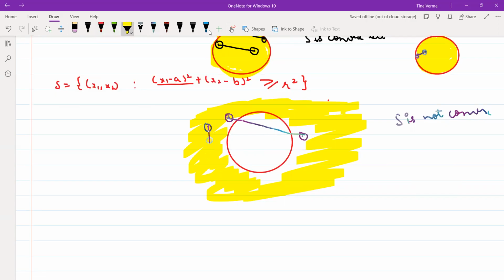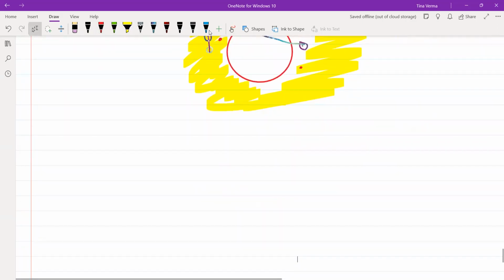But if you take 1 point on this side and the other point on that side, you can only join them via a line, and that line will not come into your S region. That's why it is not a convex set.